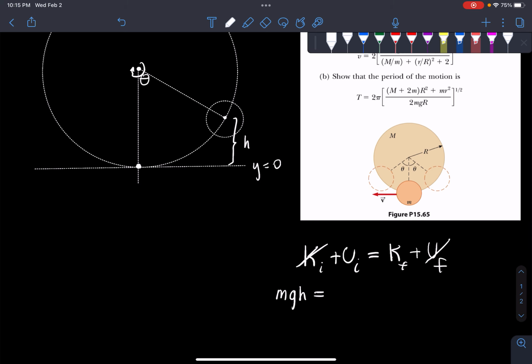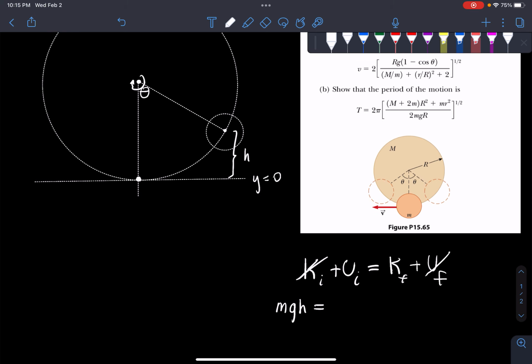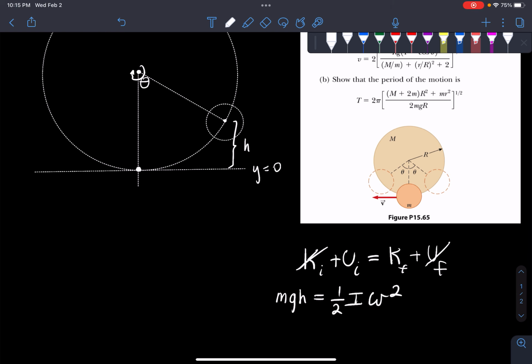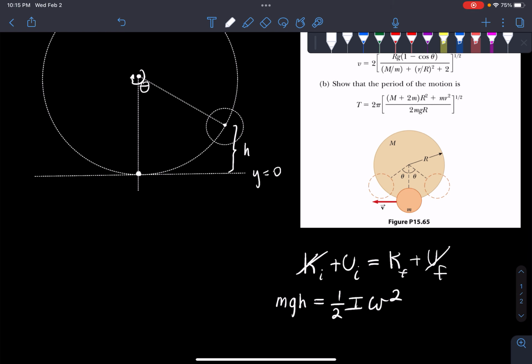So instead of 1/2 mv squared, it's going to be 1/2 I, whatever the moment of inertia is, and then omega squared, angular velocity. Okay, so now we need to find out what h is and I is.